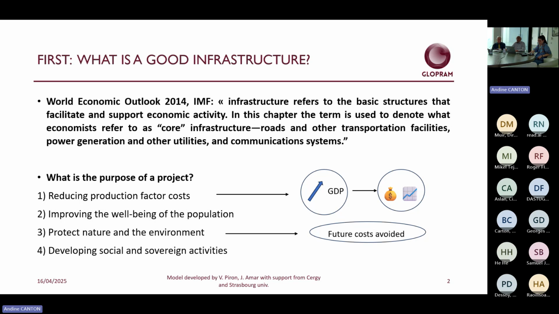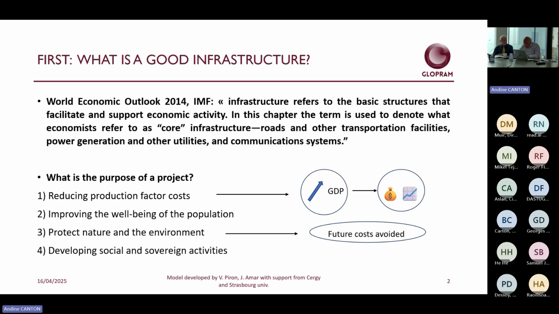In fact, when you look at what is covered through that, it is simply reducing production factor cost, full stop. And the consequence of that is that, normally, if there is no catastrophic event, you increase GDP.